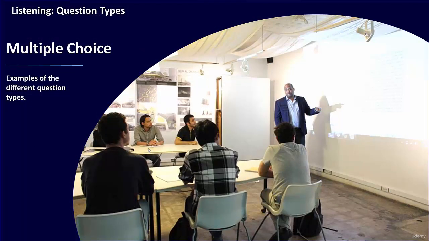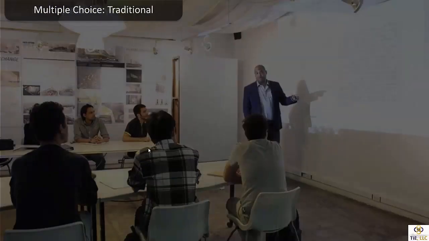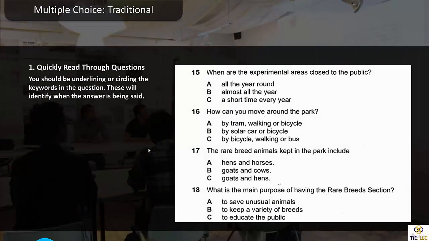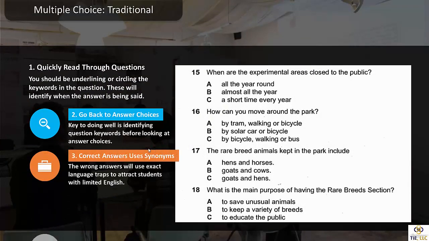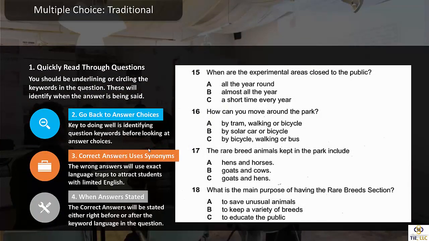Now, let's go ahead and look at some of the multiple choice question types that you're going to encounter on the IELTS listening section. You of course have the traditional type, where you have a question like number 15 and you have answer choices A, B, and C to choose from. And then it's going to move to question number 16, then 17, then 18.